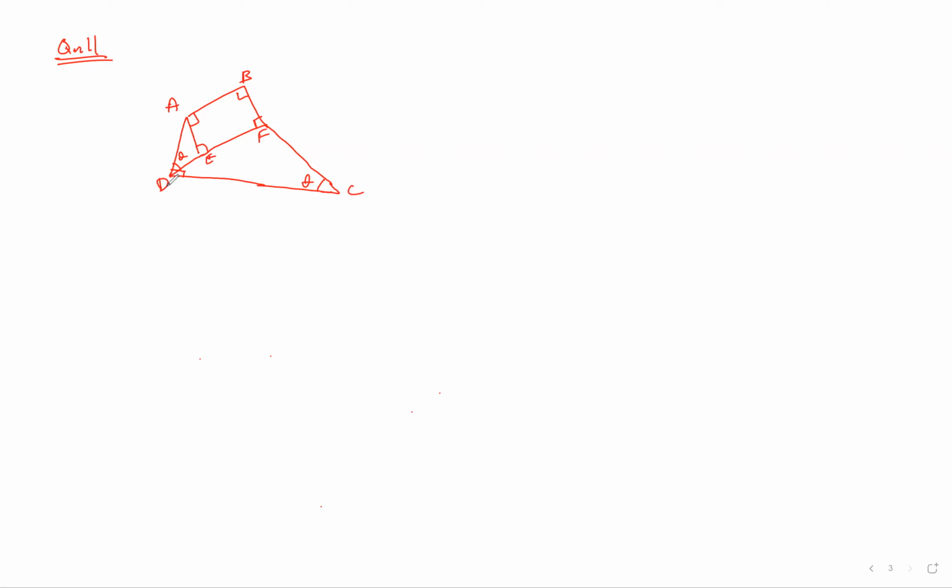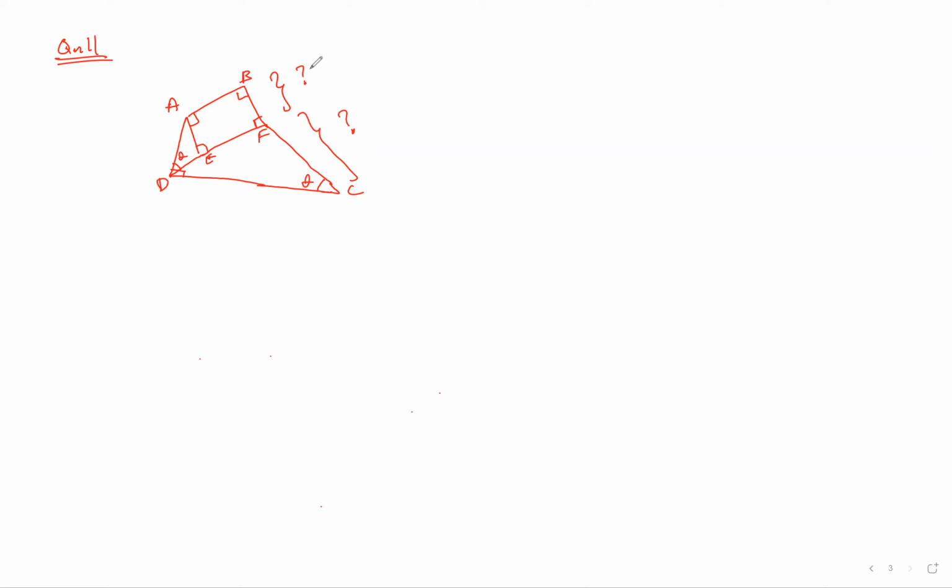Hope you have already read. You're supposed to explain why BC is equal to 5 sine theta plus 11 cosine theta. BC is a straight line, although my drawing doesn't look like one. So you need to find BF and you need to find FC. In order to find BF, you need to find AE.